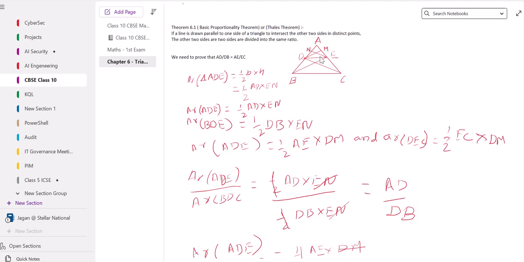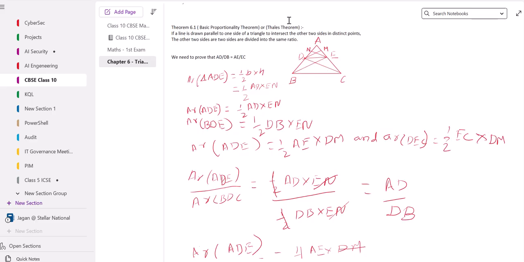BDE and DEC are the same base, same base as DE. So this triangle has the base DE and this triangle also has the base DE, and this is also between the same parallels. BC is parallel and DE is parallel. So these two triangles are between these two bases.